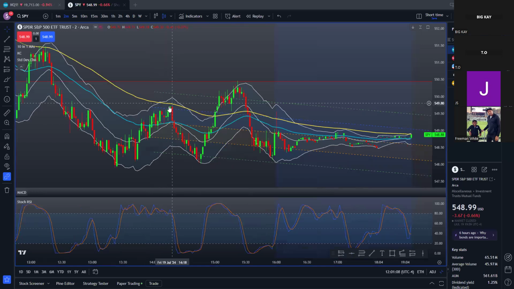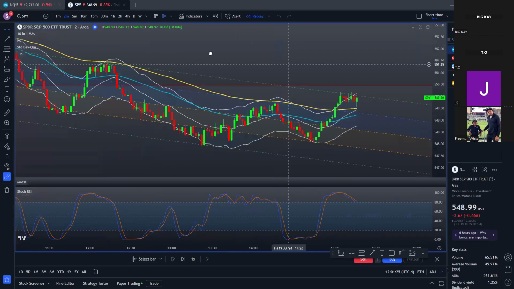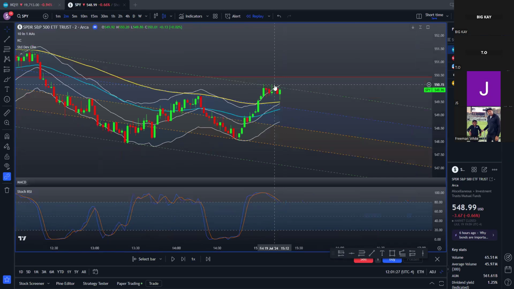Did it work over here as well? We're in the upper portion here, overbought. Take some puts. Did it work right here at 3 o'clock in the afternoon? And on top of that, we're outside of my standard deviation. Let me see how much we were outside of my standard deviation there. So this is what I love. We're at the top of my standard deviation, standard deviation 2.